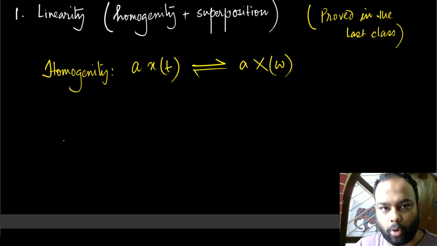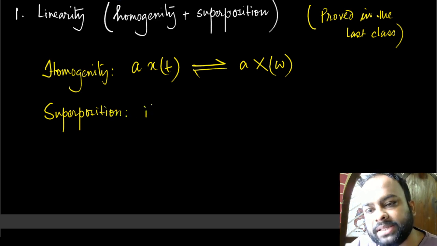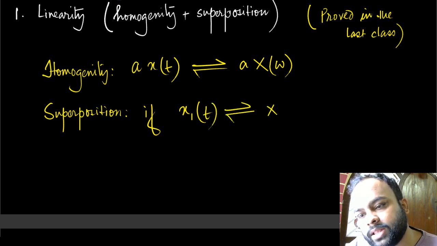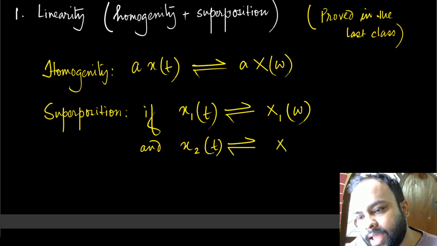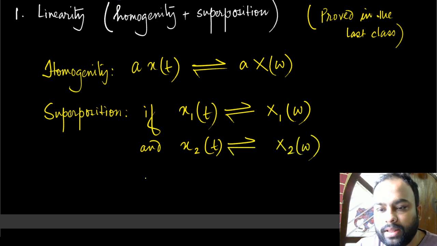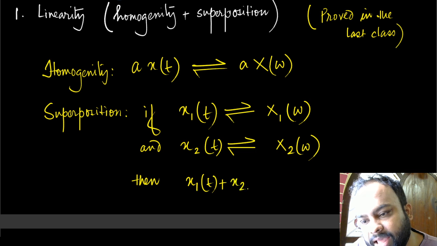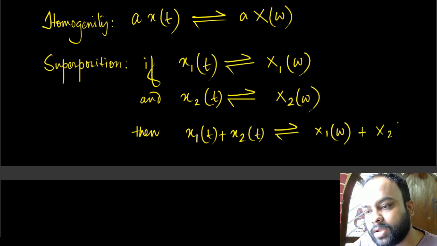So this is the homogeneity property, and now the superposition property. Superposition says if the Fourier transform of a certain signal x1 of t is X1 of omega, and the Fourier transform of a certain signal x2 of t is X2 of omega, then the Fourier transform of their sum, x1 plus x2, will be X1 plus X2.